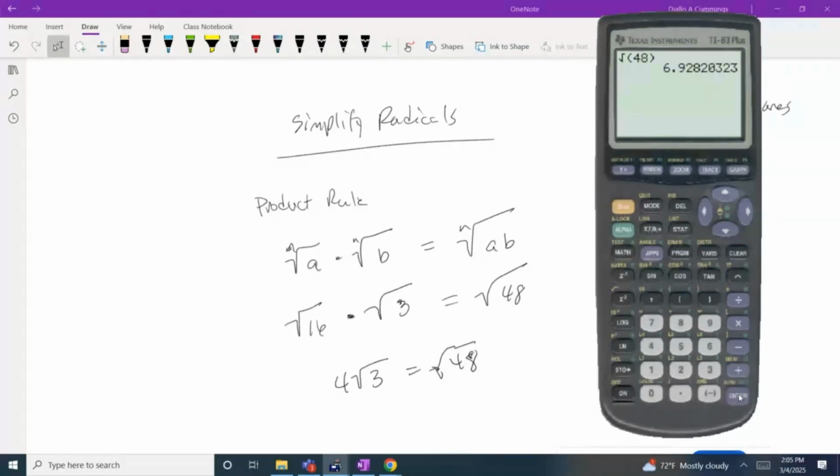The square root of 48 is 6.928. 4 times the square root of 3 should be the exact same number. The only difference is 4 times the square root of 3 is in simplest form, whereas the square root of 48 is not. So you must always put radicals in simplest form.